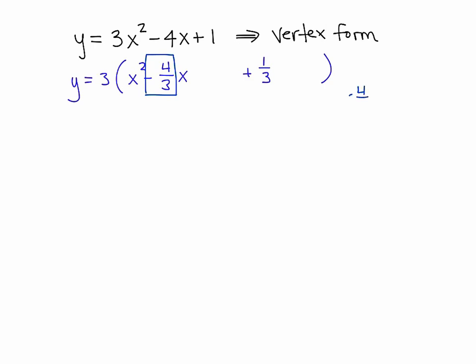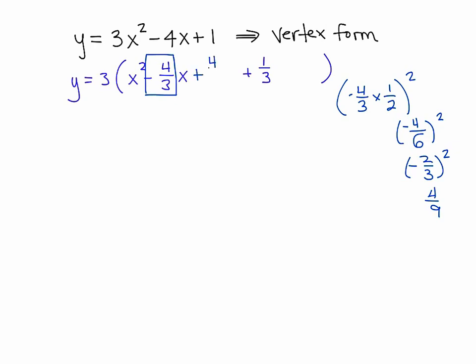Negative 4 over 3 divided by 2, that's the same thing as multiplying by half, then square that number. So we have negative 4 over 6 squared, which is the same thing as negative 2 over 3 squared. Again, this is then 4 over 9. So we're going to add 4 over 9, then subtract 4 over 9.